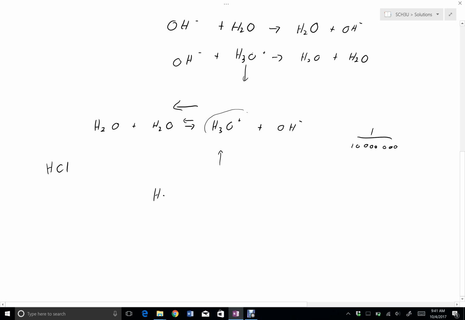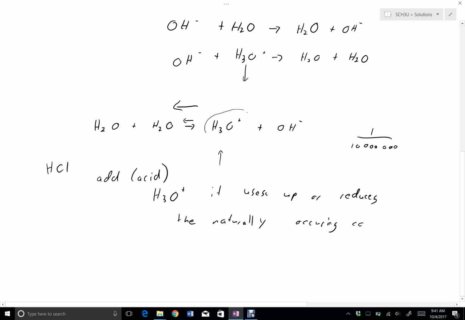So if I add hydronium through an acid, it uses up or reduces the naturally occurring concentration of hydroxide.